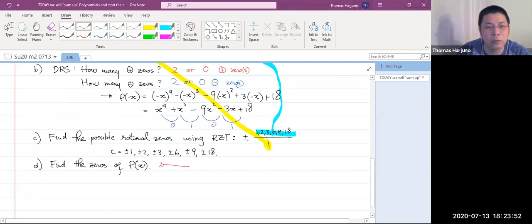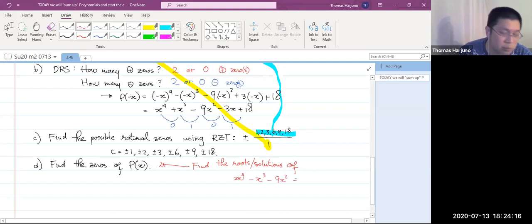This is basically the same tool: find the roots or the solutions of the polynomial equation x to the 4th minus x cubed minus 9x squared plus 3x plus 18 equals 0.